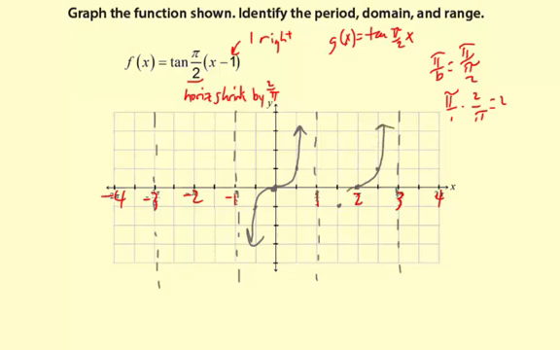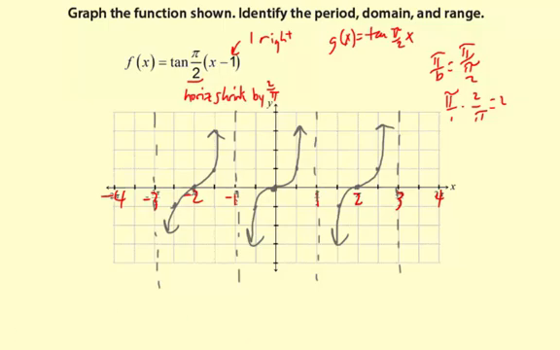Put the key points, graph it like that. Okay, so you get the idea. And I could do one more over here, I suppose. Halfway between the asymptotes is a 0. Key points. Okay, so that's a graph of g of x equals tangent of pi over 2x.